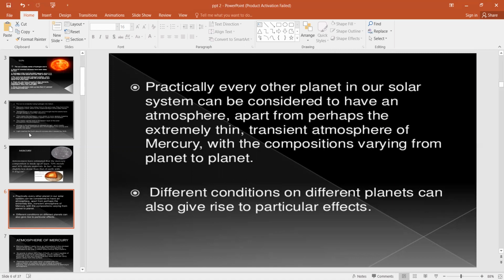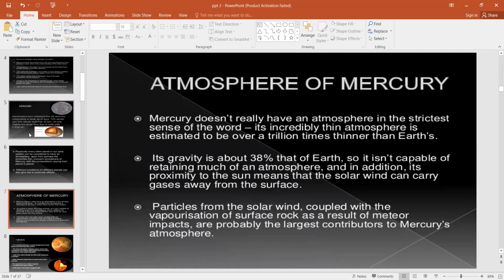Most of the surface is hot enough to melt lead, because there is virtually no atmosphere to speak of. Permanently shadowed areas can be as cold as minus 170 degrees Celsius. Mercury does not have any atmosphere. Its gravity is about 38% that of Earth, which isn't capable of retaining much of an atmosphere.